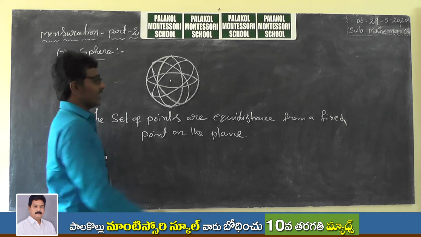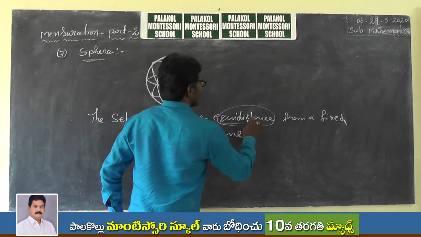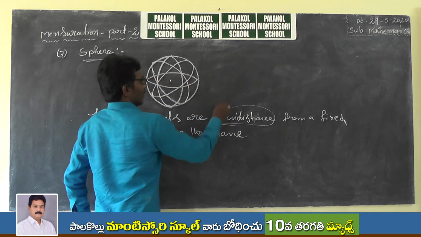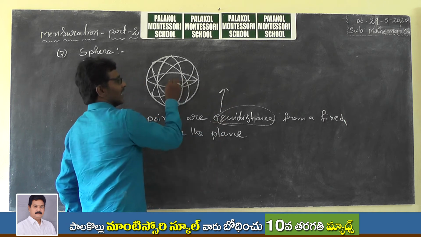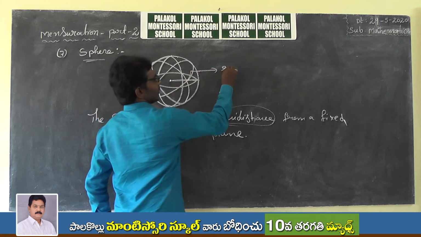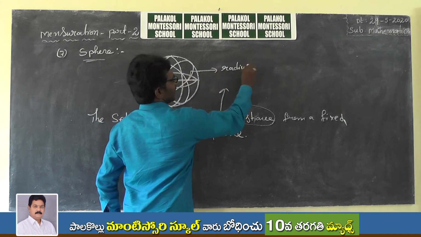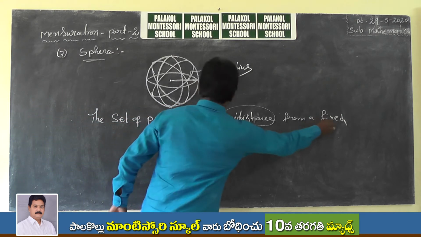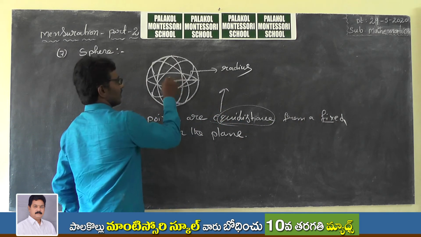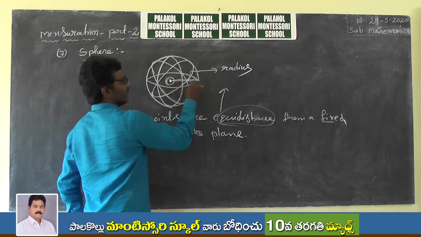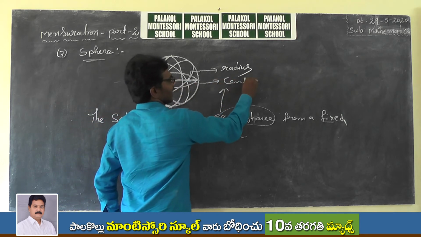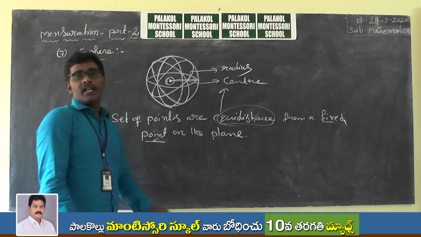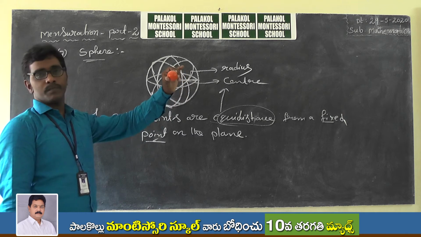The equidistance you have taken is the radius of the sphere. The fixed point is called the center of the sphere. So this one is a sphere.